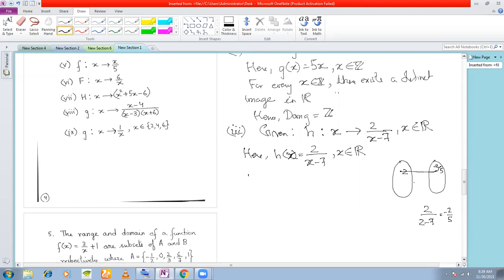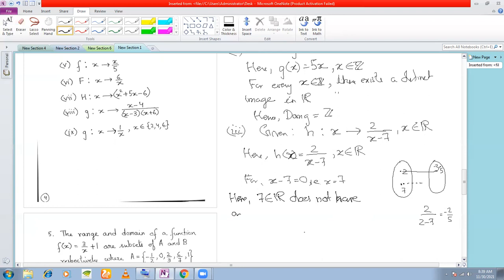And similarly others. But for x is equal to 7, the denominator is equal to 0. What is the value of h? Infinity, right? For x is equal to 7, what is the image of 7? Here, 7 belongs to R, but does not have any image.